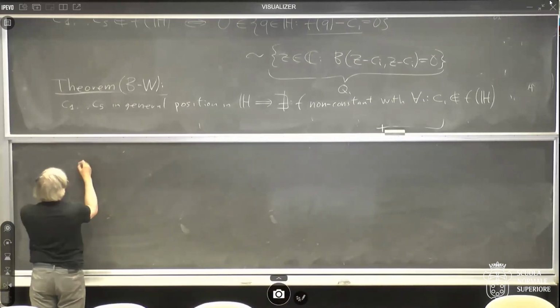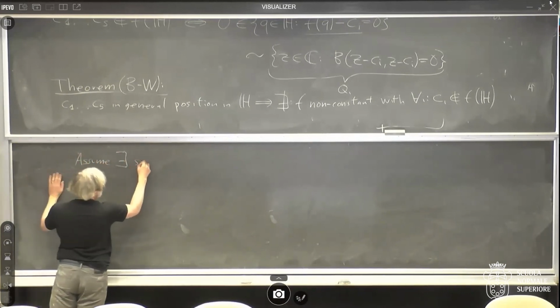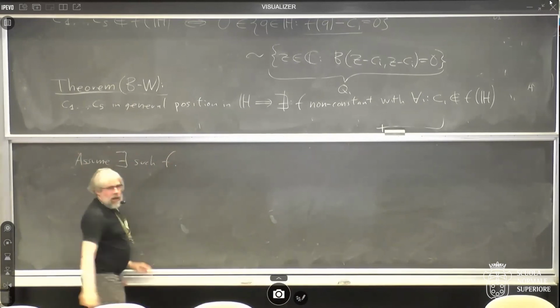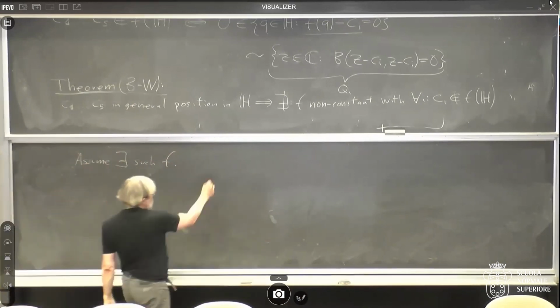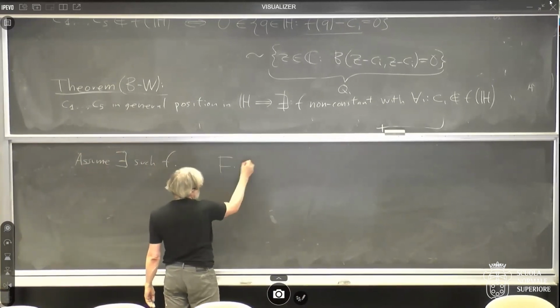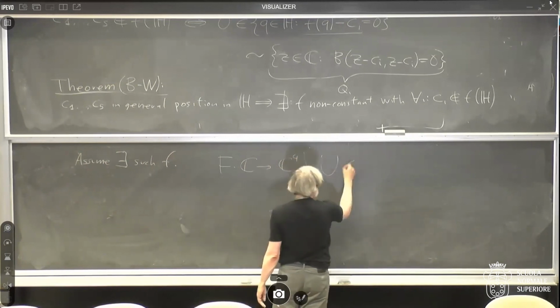So the assumption is that there exists such a function f. And if there exists such a function f, the consequence will be that there is a stem function, and the stem function avoids the union of all these quadrics.